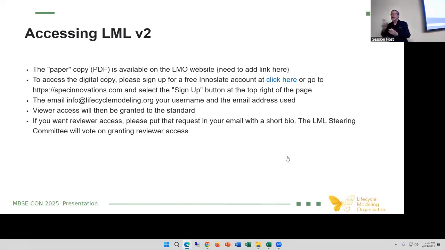I didn't get the link put in there, that's how bad it was, but it's right off the website, so you should be able to easily find it. To access the digital copy, just get the free InnoSlate account. Go to specinnovations.com, find the sign up button at the top right of the page, and sign up for InnoSlate if you don't already have an account.